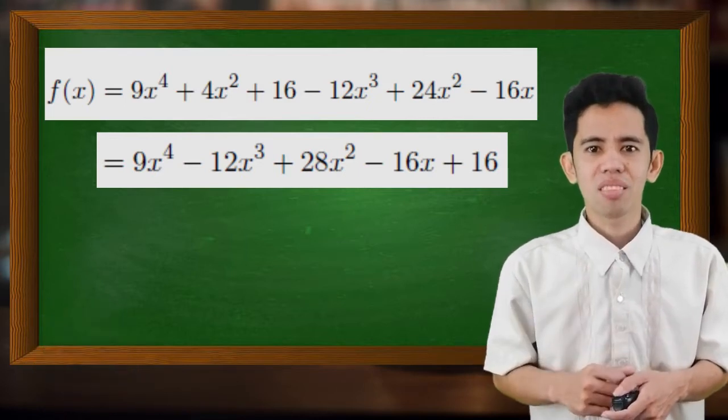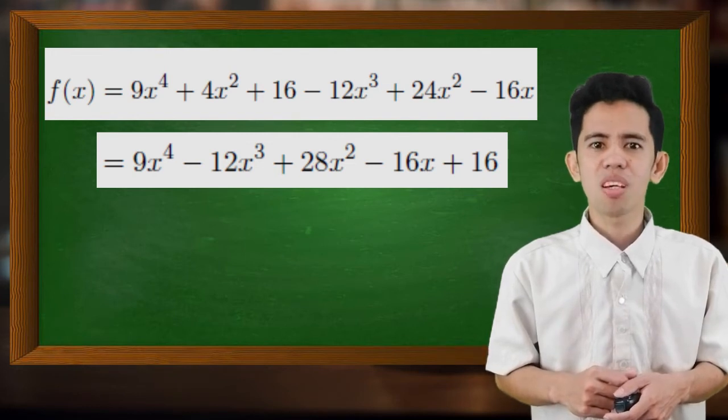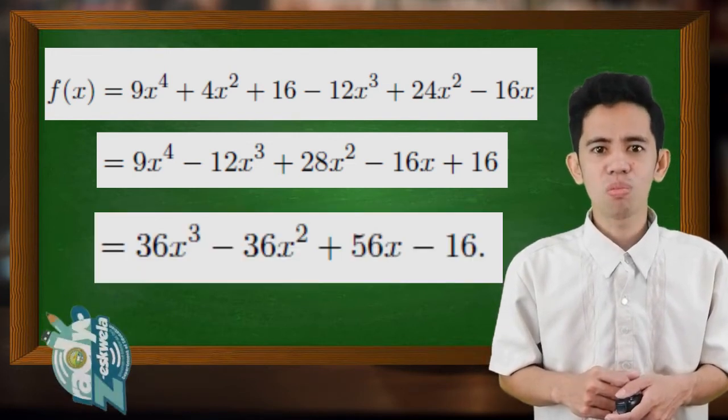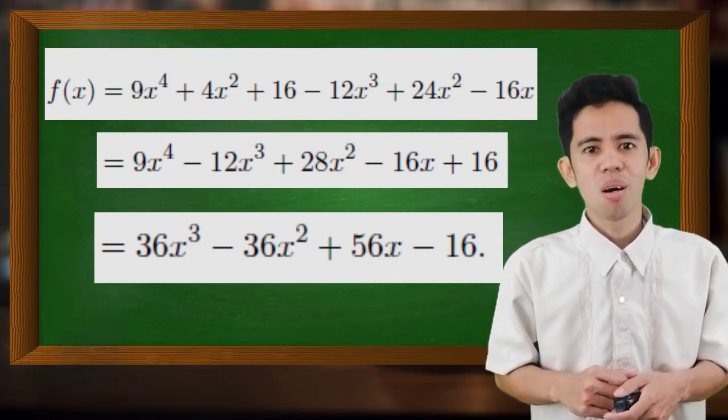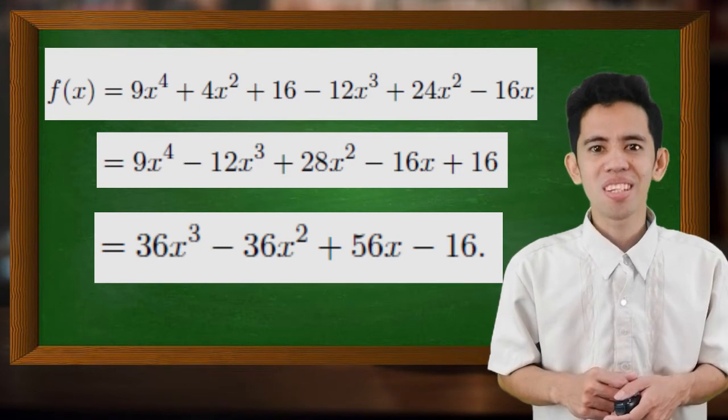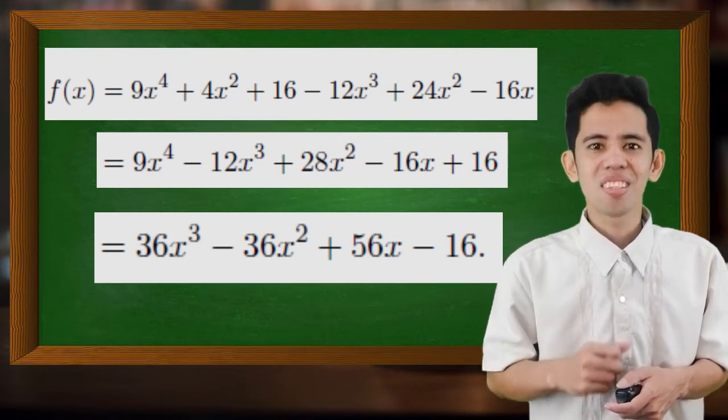Then derive, and we come up with 36x cubed minus 36x squared plus 56x minus 16, and that is correct.